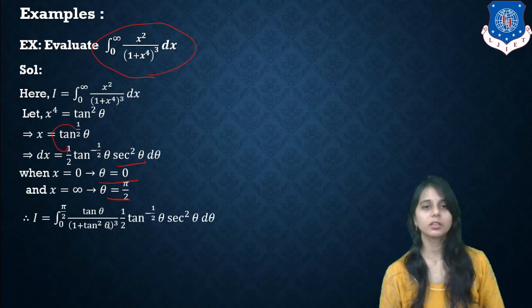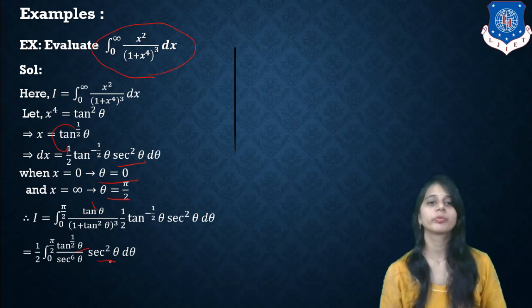1 plus tan square theta raised to 3, 1/2 tan raised to minus 1/2 sec square theta d theta. Using this, we get tan raised to 1/2 theta, and 1 plus tan square, that means sec square theta raised to 3, that means sec raised to 6 theta d theta into sec square theta d theta.